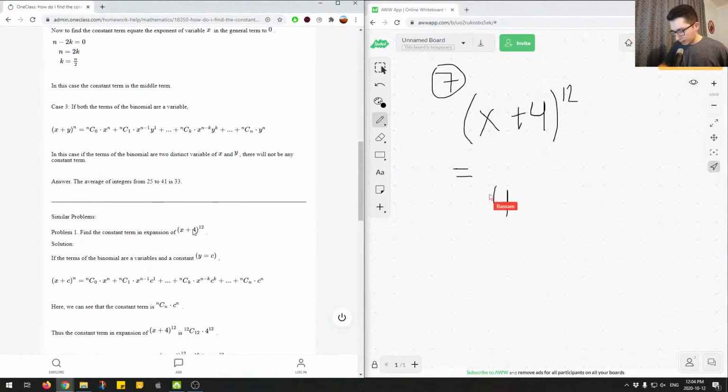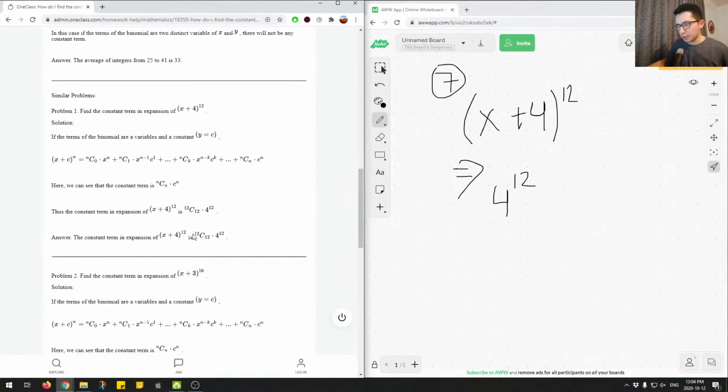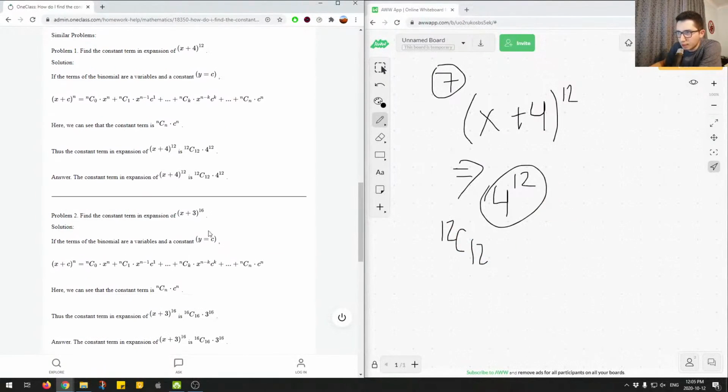So here the constant is 4 to the power of 12, and we can calculate that. Essentially, this is a label of which term it is. It will be in the 12th term, 12C12. So we would find this in the 12th term of the binomial expansion. And this is the answer for the first question.